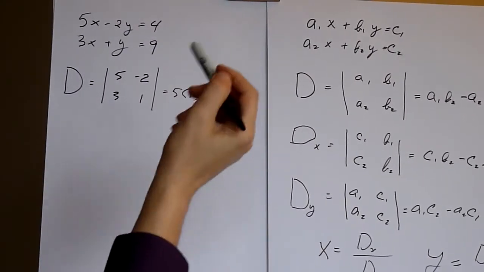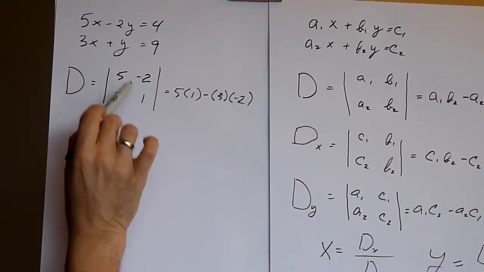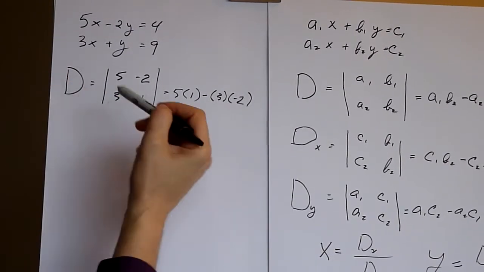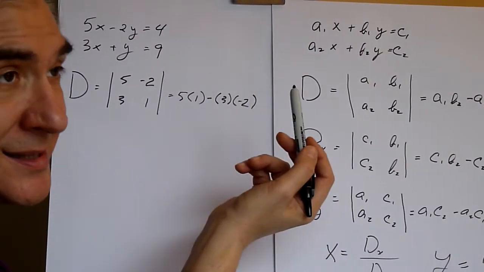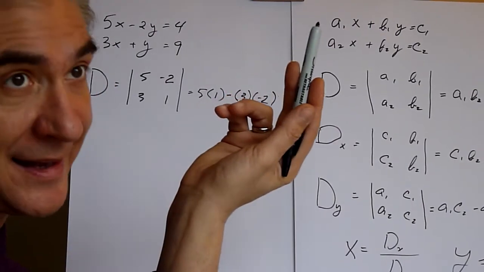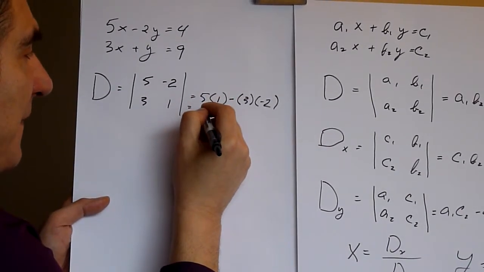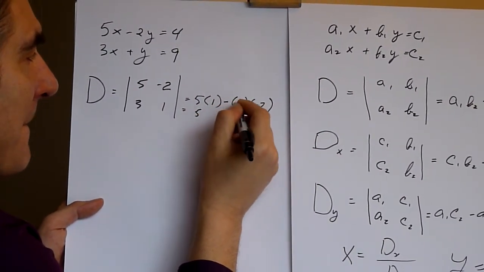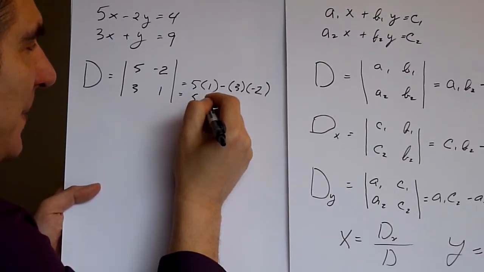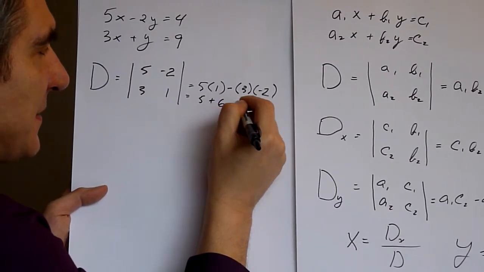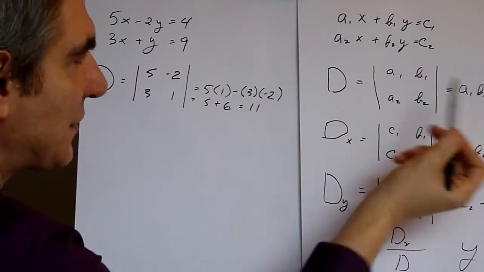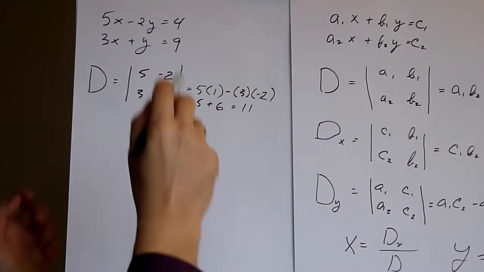It's always the product of this diagonal minus the product of this diagonal, and in some cases we're going to end up subtracting a negative number. So this is 5 minus negative 6, which is 5 plus 6. That gives us 11. So we just found out what D was: 11.